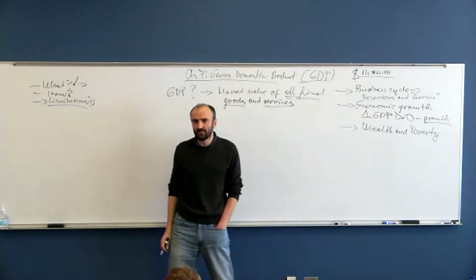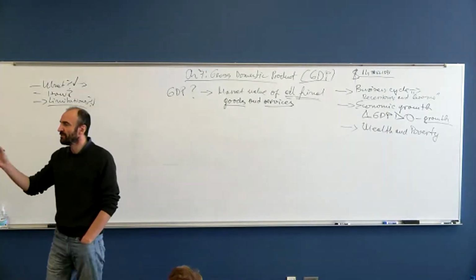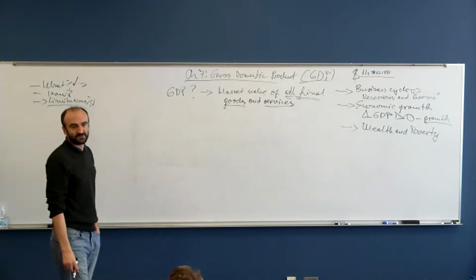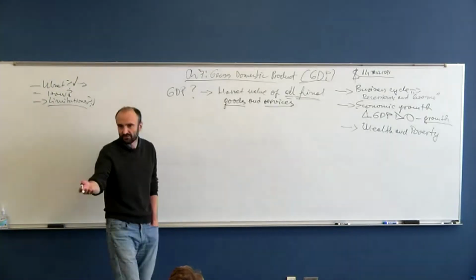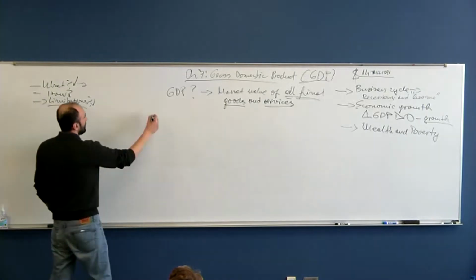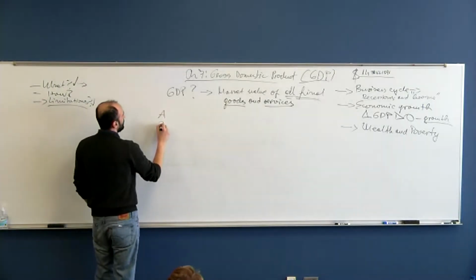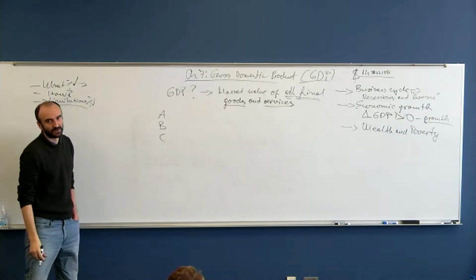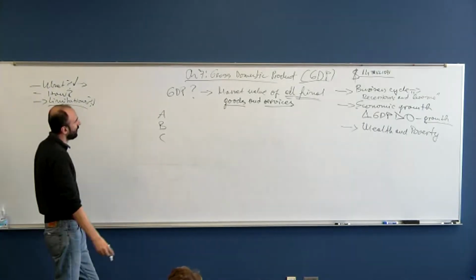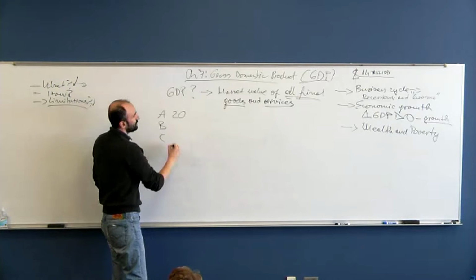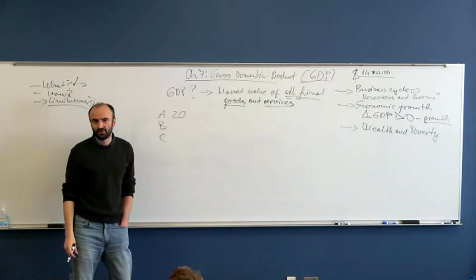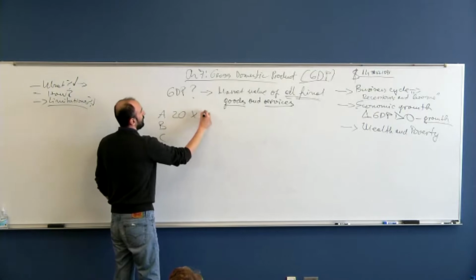So I'll give you a very simple example. I will construct a primitive model consisting of three goods and services, just to demonstrate what GDP is and how it works. Let's assume that you have a three-goods economy, A, B, and C. You have 20 units of good A, whatever that might be, and the price per unit is $4.